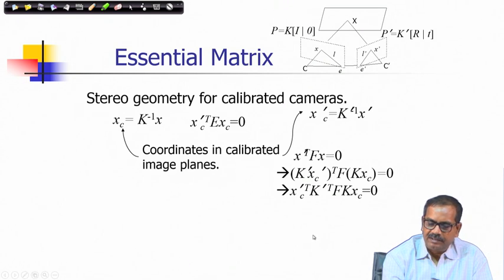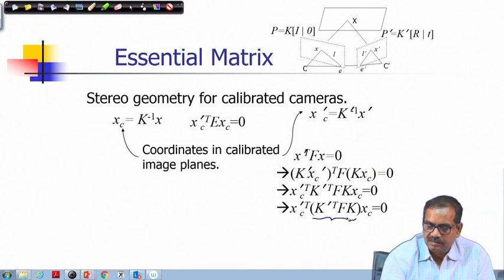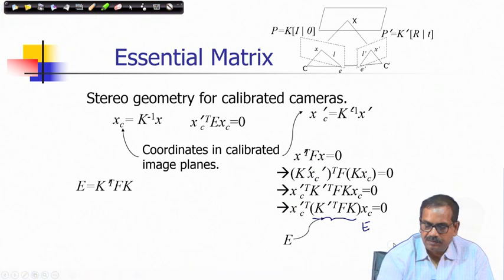As you can see with this simple derivation, x'^T F x = 0, then convert x' transpose into its canonical form as (K' x_c')^T, similarly K x_c, and then you consider the middle part of this composite matrix. That is a 3 by 3 matrix, and this matrix is nothing but the essential matrix E.